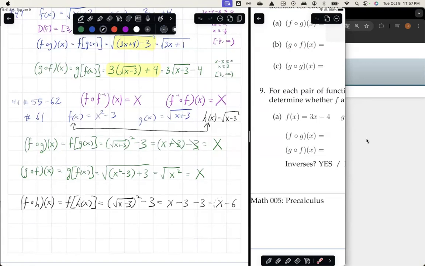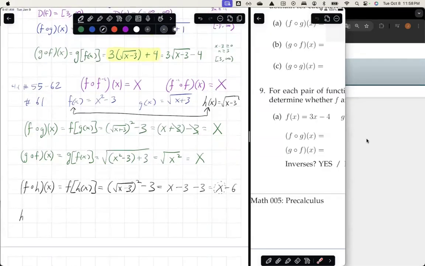Because I didn't get just x, I got a minus 6 with it, then f and h are not inverses of each other. That's already enough to say that the functions are not inverses of each other. I can even compose them in the other direction, even though I don't need to. I do have enough information now to say that they are not inverses of each other.